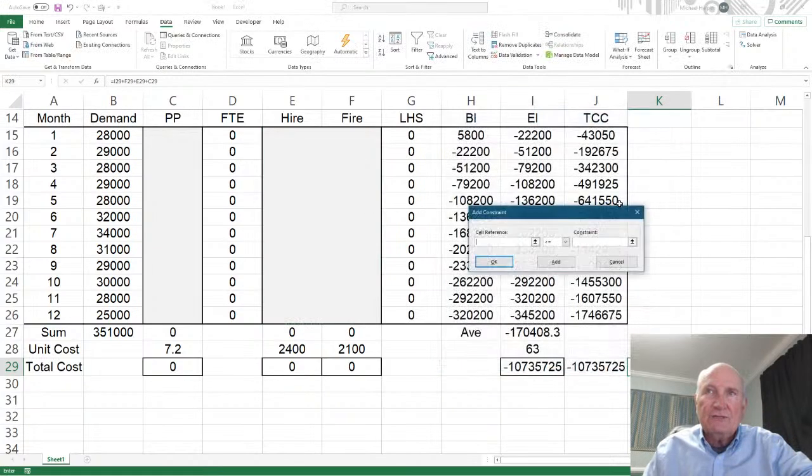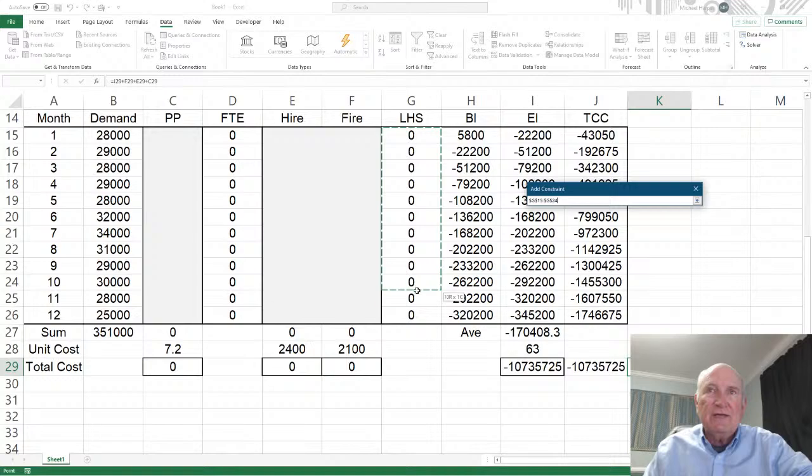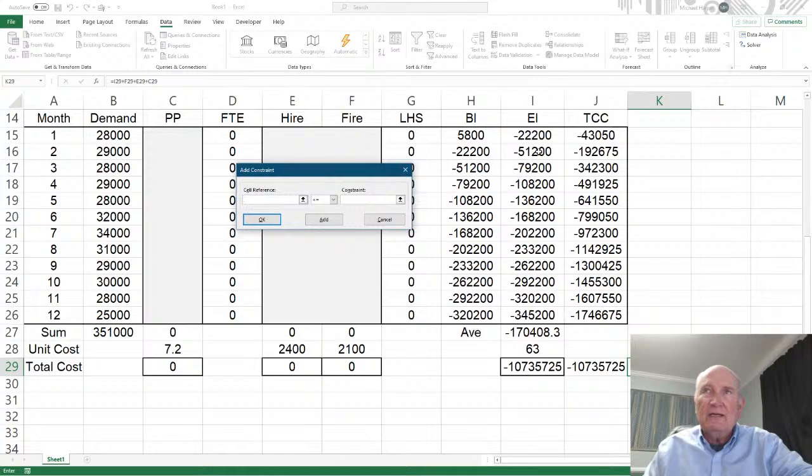Okay, I want to add a constraint. Remember we had 3 constraints. The first, I want all of these left-hand sides to equal 0. Add. I also want all of my ending inventory, all of these, to be greater than or equal to 0.